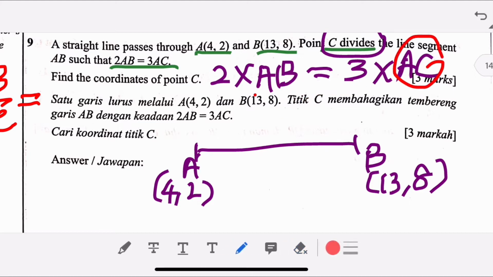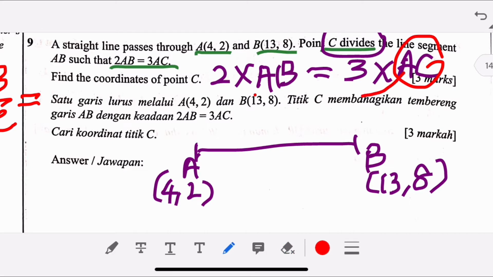When you find the ratio, you need to be very careful. So the 3 is still there, divided by 2. That means AB is 3 portions, then AC is 2 portions. So let's divide. C is somewhere here. So AC is 2 and AB is 3. So here should be 1.